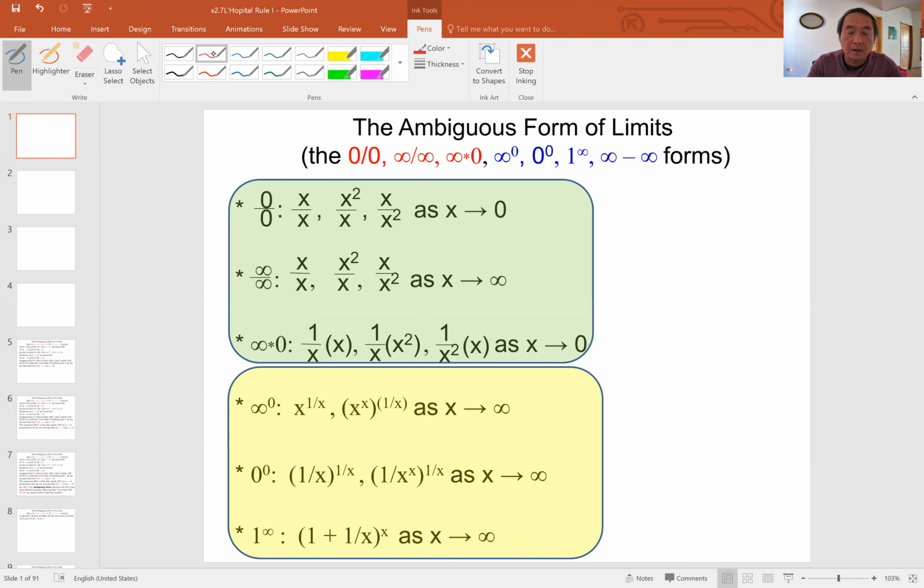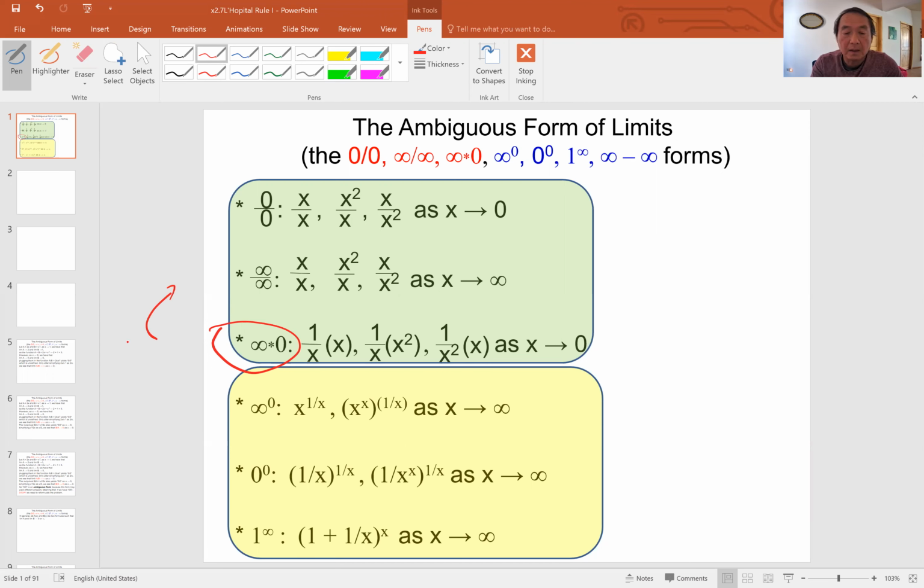Let's take a look at this fractional form. Infinity times 0 is a multiplication, but I can always write multiplication as a division, so that's actually a fractional form as well.